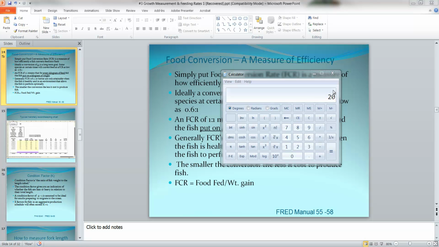It's pretty simple. So let's clear this. FCR is equal to food fed divided by weight gain. Food fed here was 30 kilograms, and the weight gain was 20 kilograms. So the food conversion ratio was 1.5 to 1. That's the way this works.